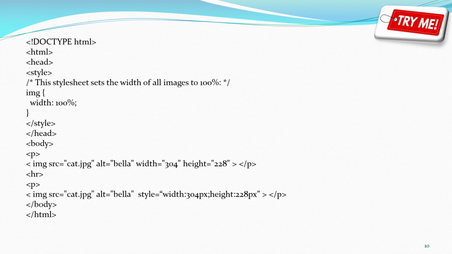So to prove what I was saying, try this little document out for yourself. Start off with the doctype HTML, then HTML, the head, style. So this is a global style for this page, and we're going to say image width is 100%.